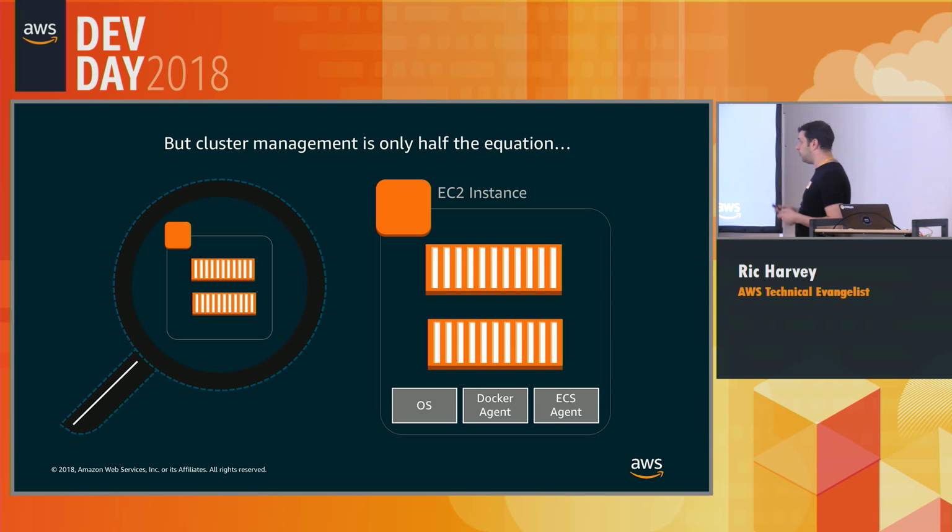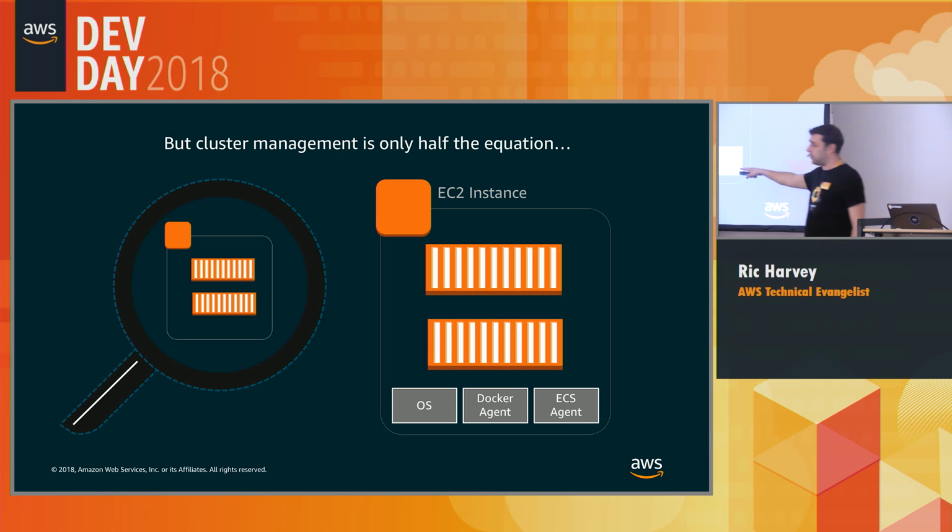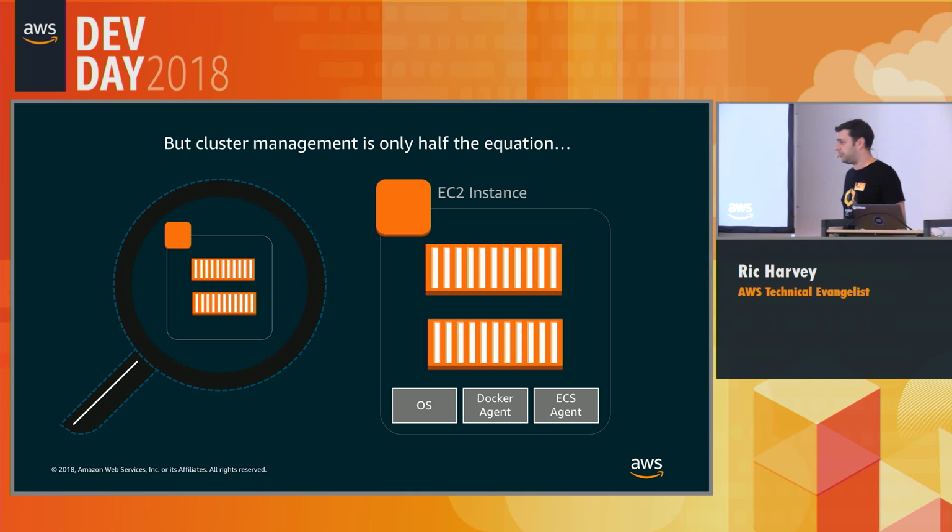But if we're bringing these EC2 instances across ourselves, we've got to manage that. We've got to patch the OS. We've got to make sure we're running the latest version of the Docker agent and the ECS agent is up to date. Now, a lot of this is quite simplified because if you use our AMI, there's the SSM agent on there.